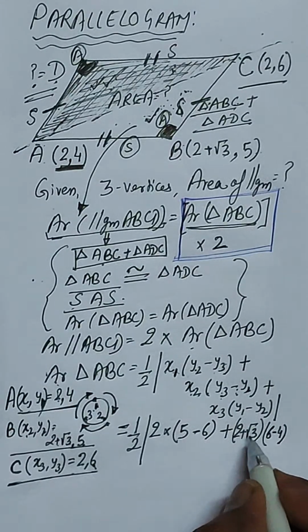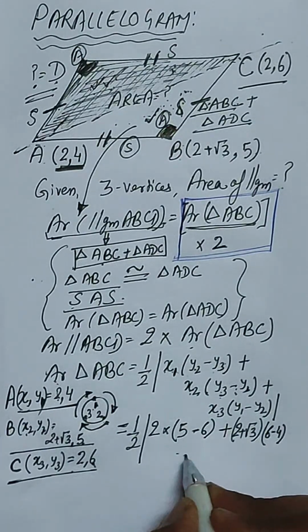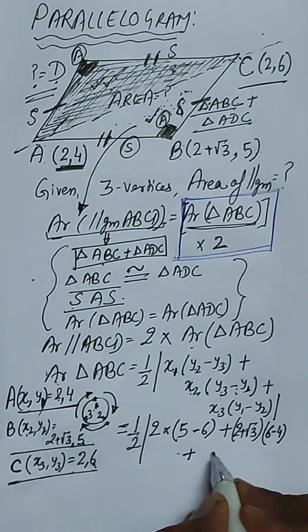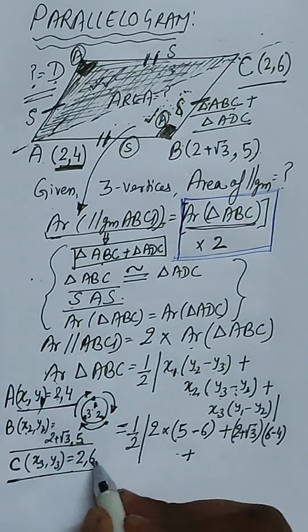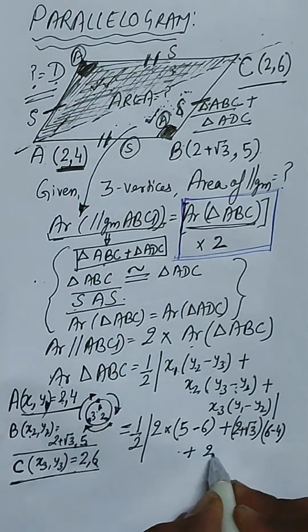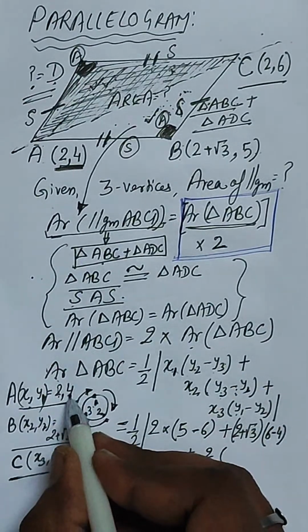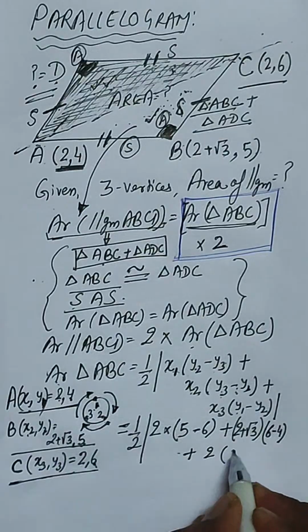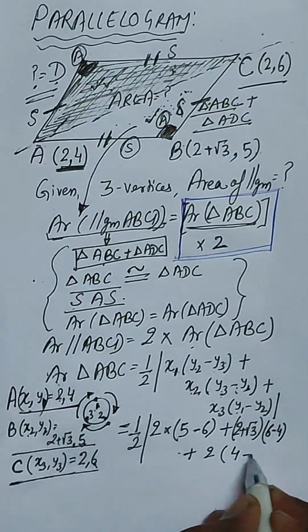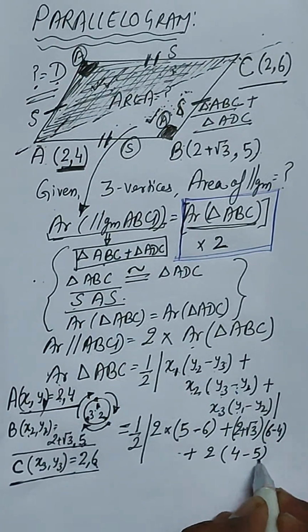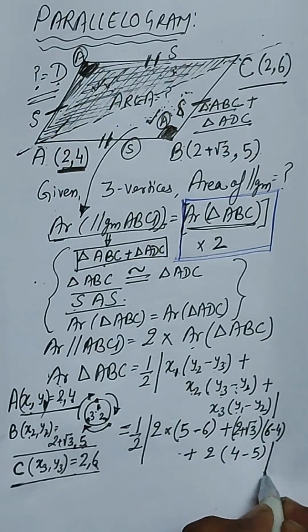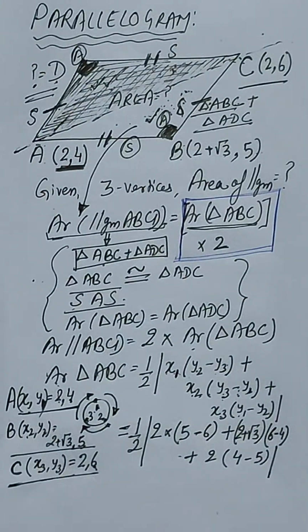After that, plus x3, which is 2, into y1 minus y2: y1 is 4, y2 is 5, so 4 minus 5, and the mod sign is closed.